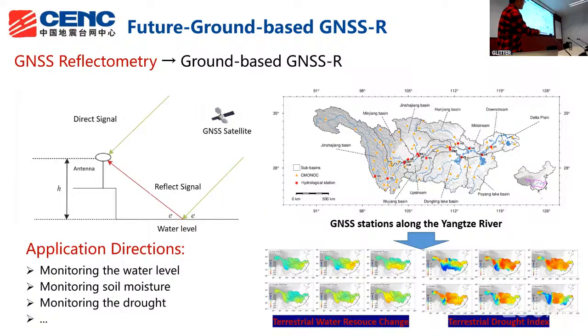So we use this data to invert the terrestrial water storage change, and also based on this result, we can derive some terrestrial drought index like this. So this is what I want to do.